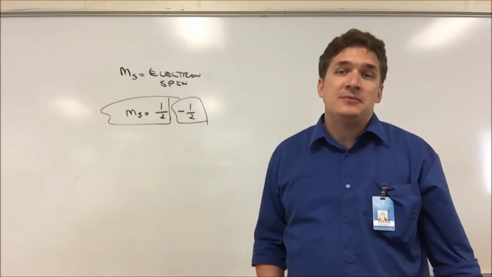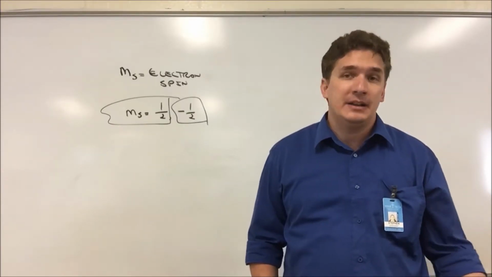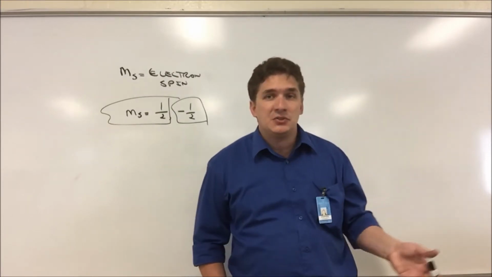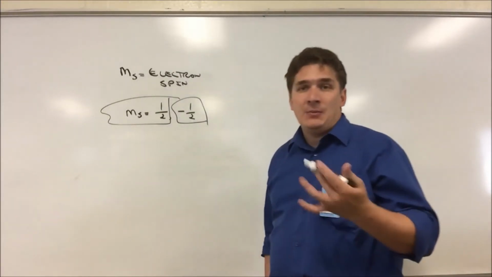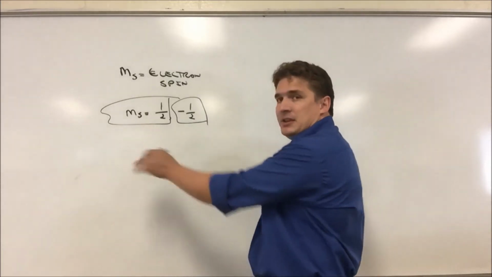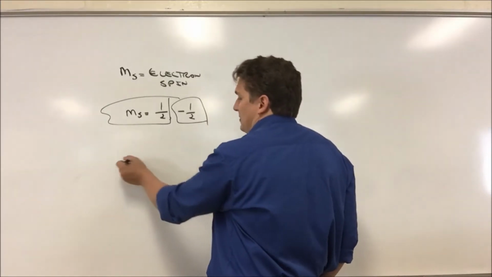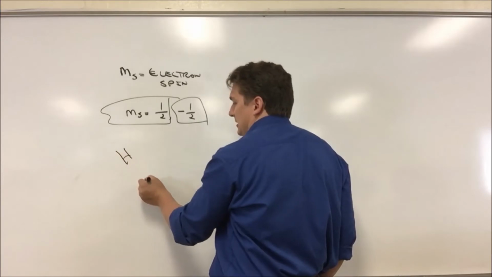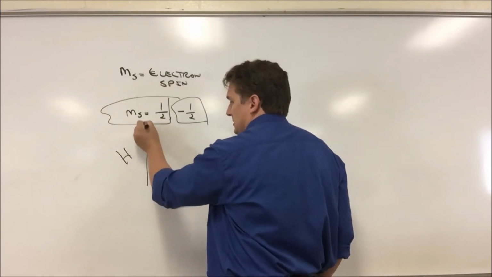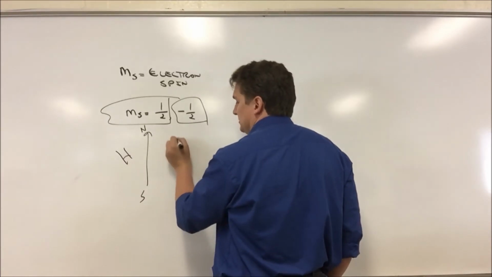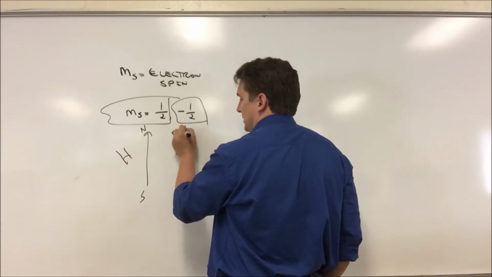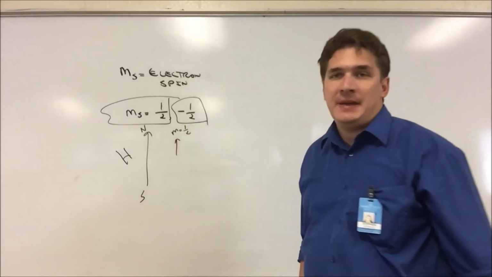So what are some of the properties of magnetic spin? Well, the big thing is that it is affected by magnetic fields. So how we used to describe these was a spin up versus a spin down. And you'll see these represented by how we draw electrons. But the idea with a spin up electron is that if we have a magnetic field represented by the letter H and it points south to north, a spin 1/2 electron is aligned in the direction of the magnetic field.